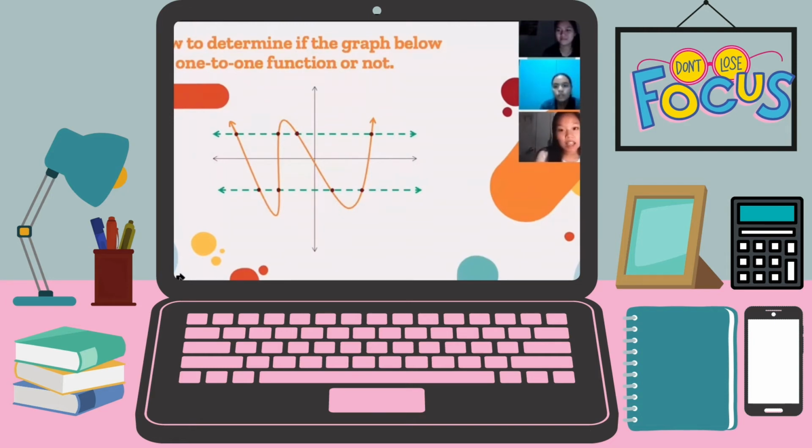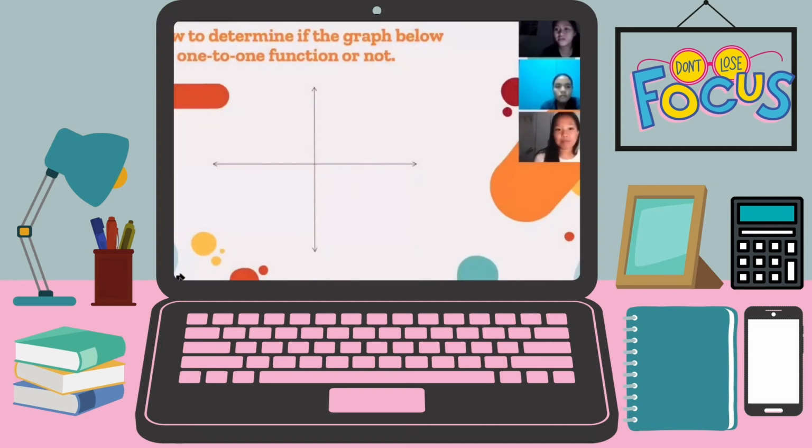There are 4 points in each horizontal line. So we can say that it's not a one-to-one function because there are 4 points, which is wrong for the horizontal line test. I think she's slowly getting it. But to totally get it, can you give us an example of a one-to-one function? You can use the annotation.